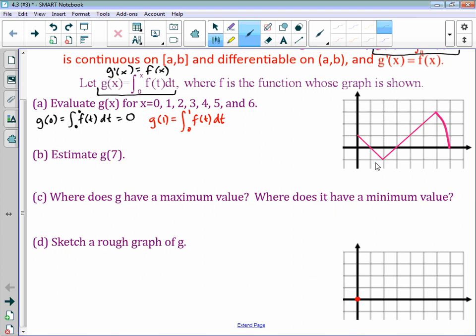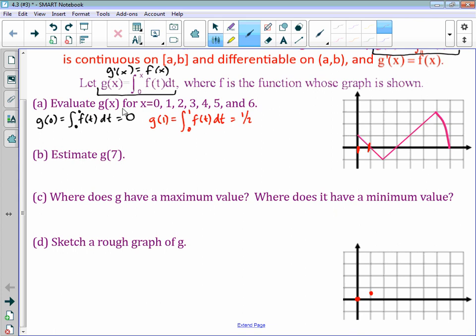So this is our f of t. It says where f is a function whose graph is shown. So if I'm going from 0 to 1, we're talking about the area that's covered from 0 to 1. So how much area is covered there? A half. So then on your graph at 1, you have a half. So this is the graph of g down here.